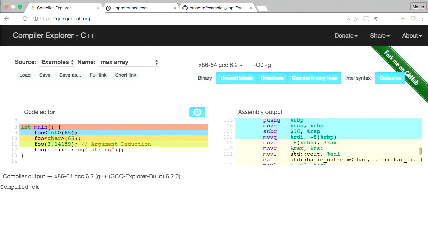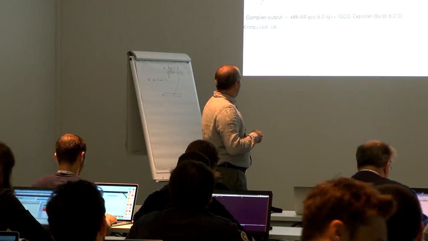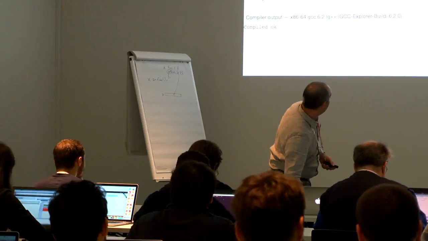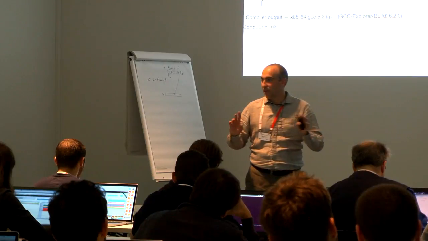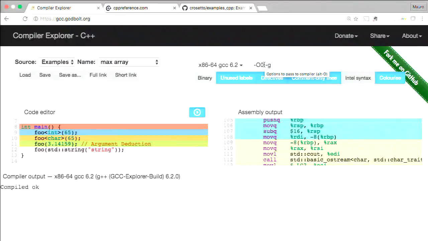Okay, and then static initialization. So what happens here? You instantiate only the function you called, right? The compiler didn't instantiate foo for every possible type because it doesn't know what the possible types are. It instantiates only the one that you requested. If you do -O3, I guess you get some optimizations out of it. But since there is std out, I don't know if it's worth showing. But this is the actual mechanism.